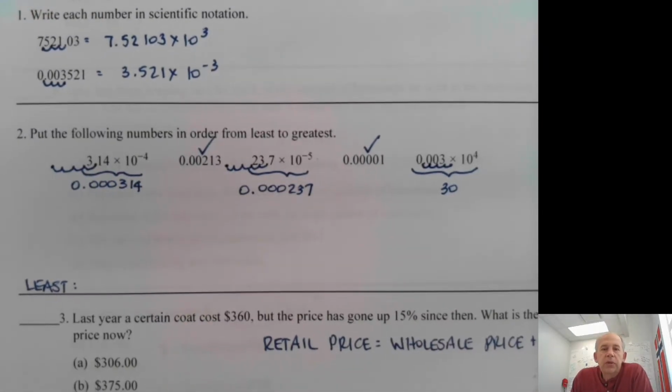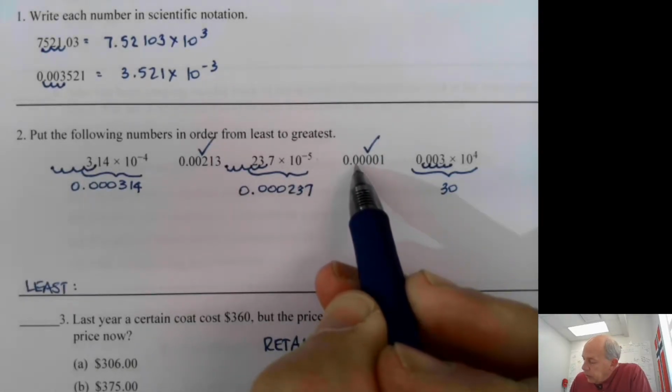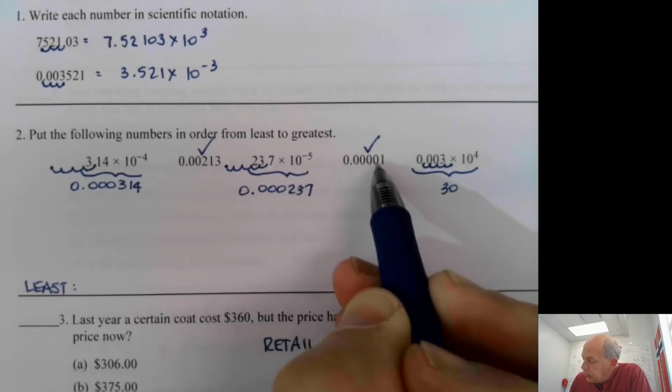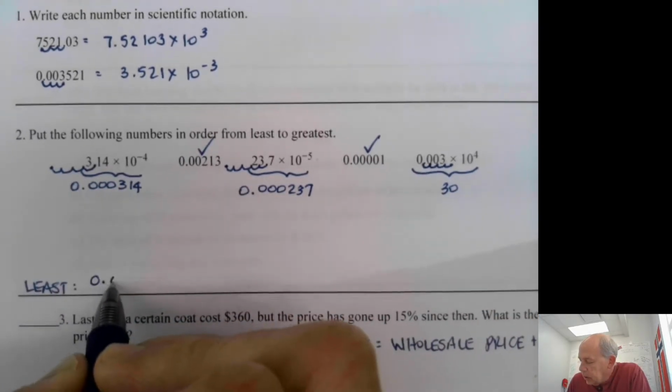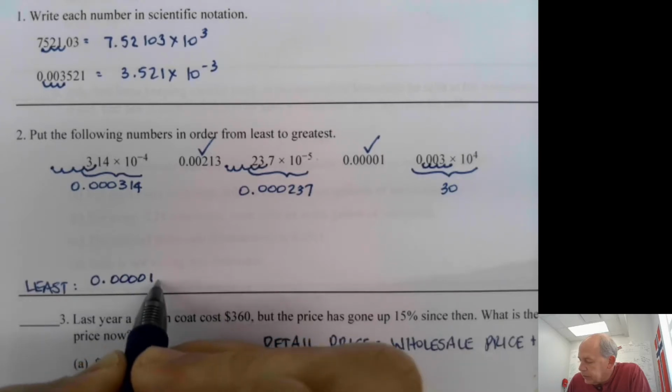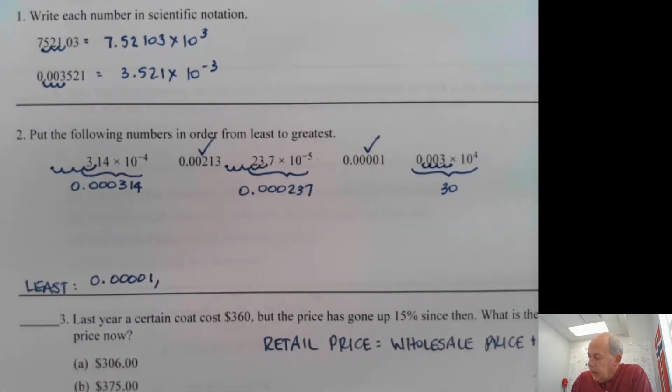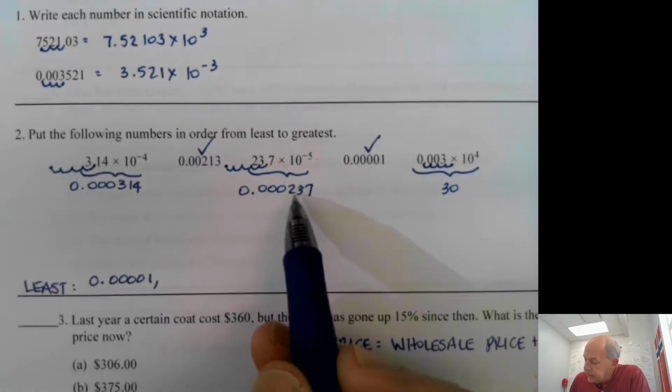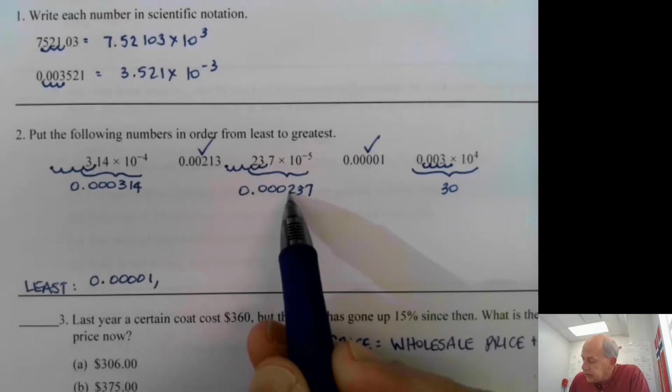So what I'm going to do now is see which one of these values is the least. And it's going to be this one right here because it has 1, 2, 3, 4 zeros, then a 1. Now, the next smallest value is going to be this value with 3 zeros and a 2.